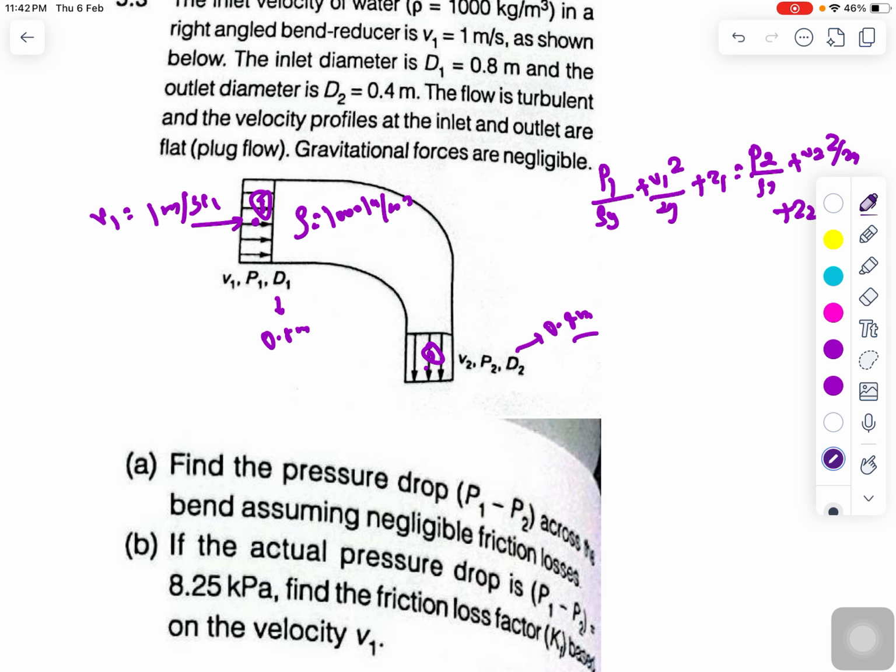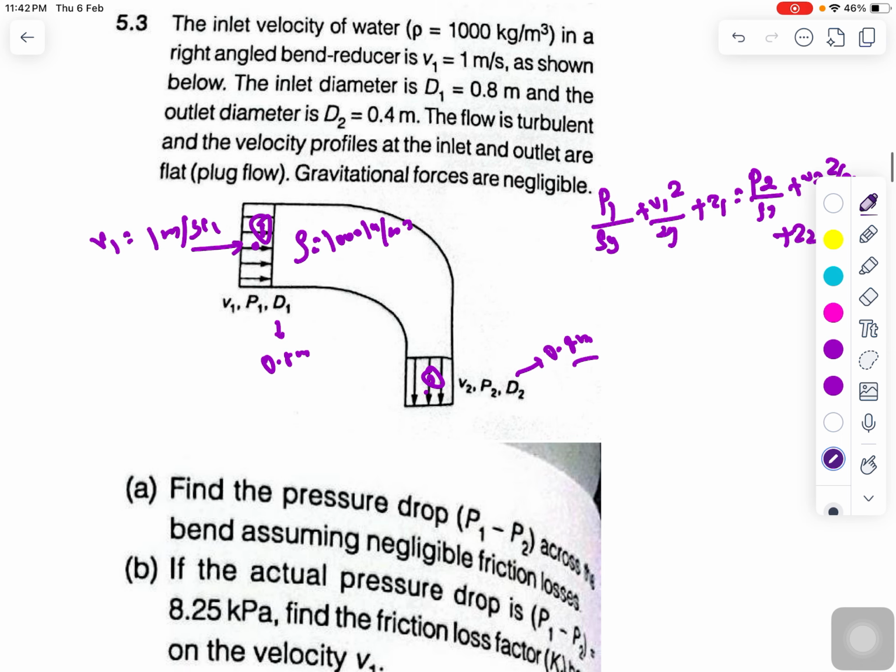Okay, so V1 is given to you, and if V1 is given, you can calculate V2, right? So how can we calculate the value of V2? Let's say Z1 and Z2 are at the same level, so negligible. So I can write P1 minus P2 divided by rho g, that is equal to V2 square minus V1 square divided by 2g.